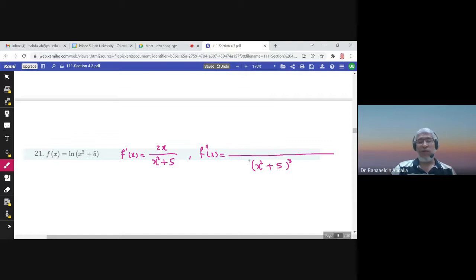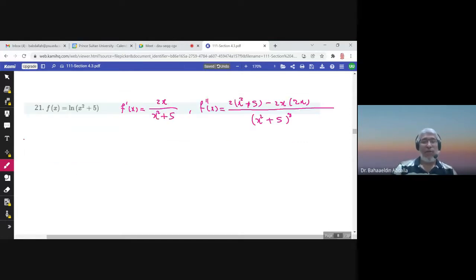Derivative of numerator times the denominator minus the derivative of the denominator, which is 2x, times the numerator, which is 2x. So f double prime is equal to, we need to simplify, 2x squared plus 2 times 5 minus 4x squared.